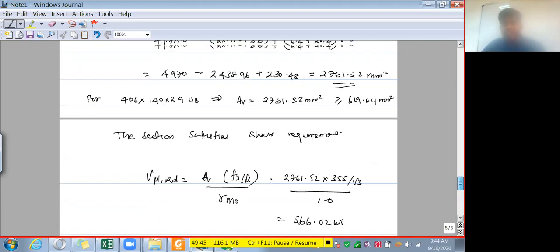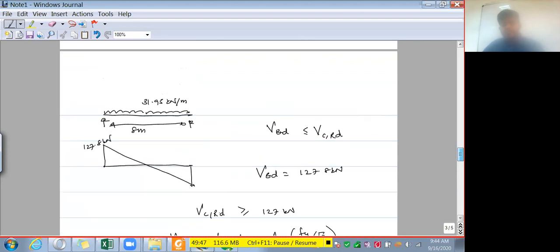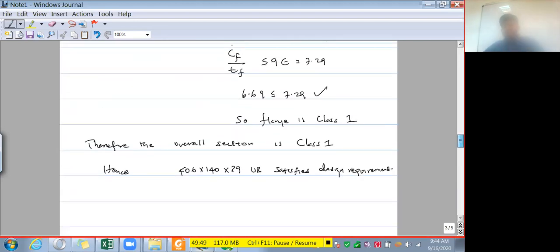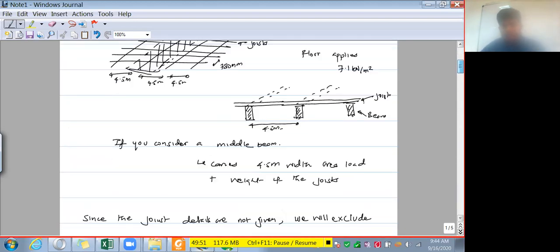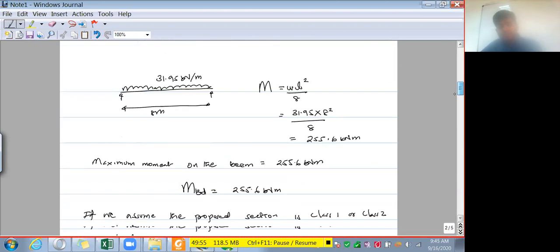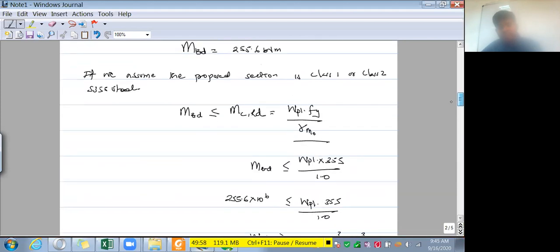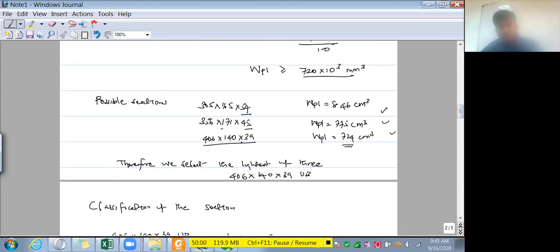So now we can see that we have checked for bending. We have chosen a section that satisfies the required bending based on the lightweight option.